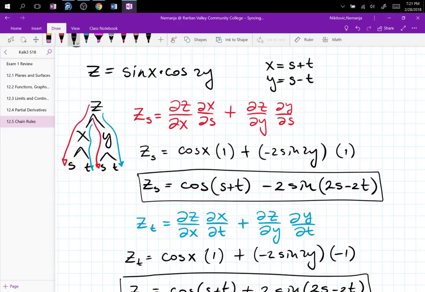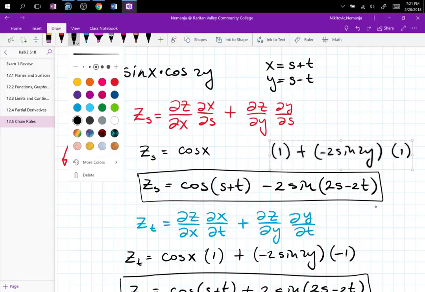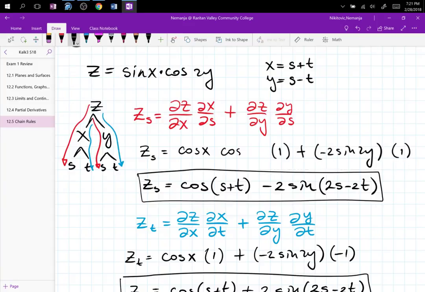It's not supposed to disappear. The cosine 2y should go through, and then the other one has sine x.